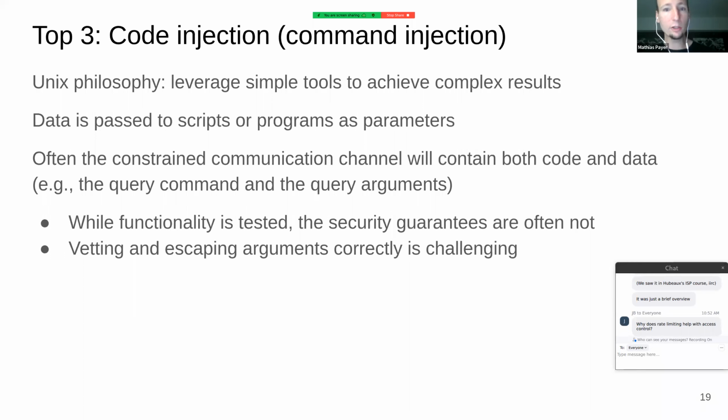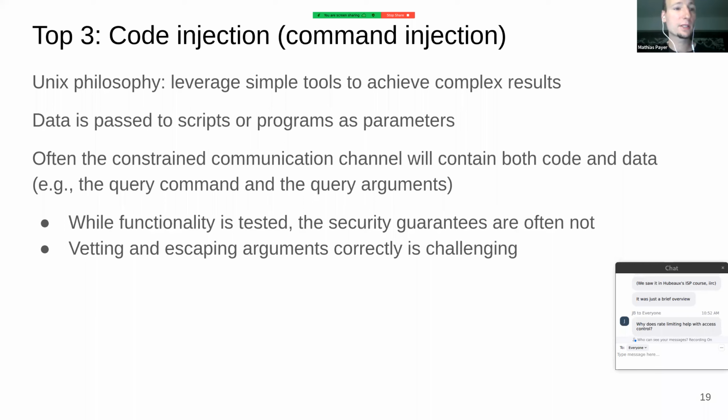And you may be reusing different kinds of scripts or programs and passing different data as parameters to them. So for example, your Wi-Fi router at home may have different utilities in the web interface. You may change the IP configuration of the router, ping other programs, trace routes, change things.